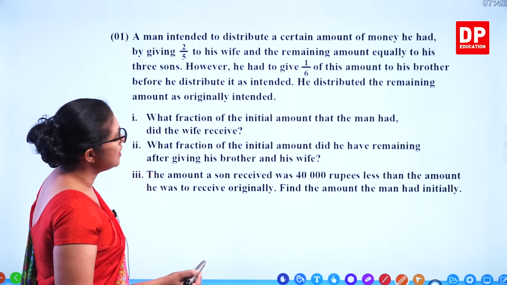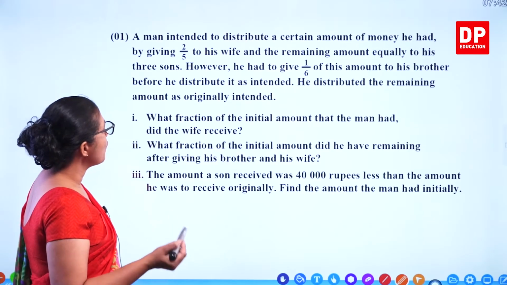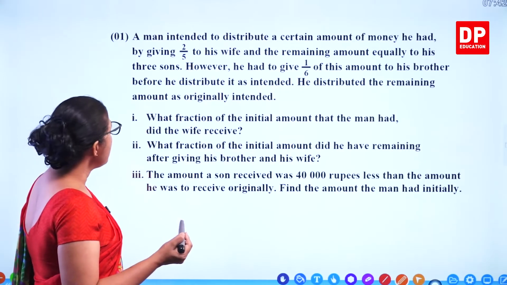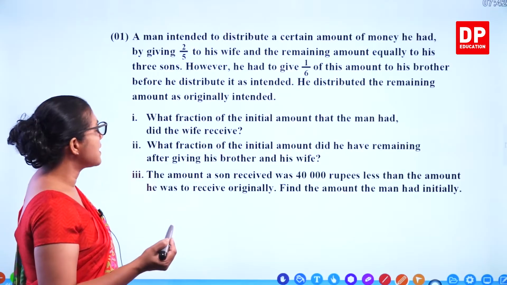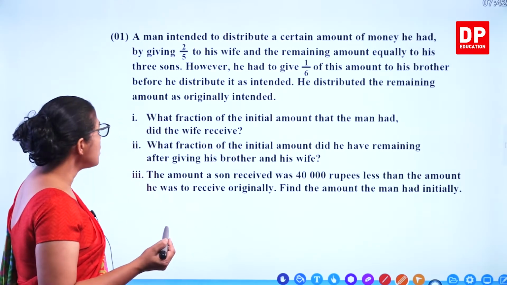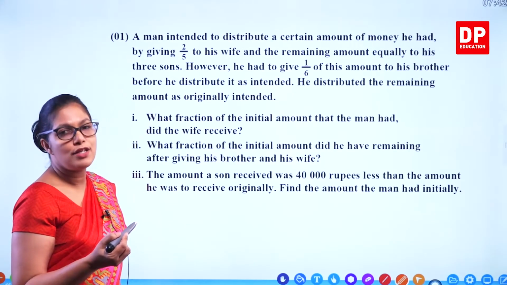What fraction of the initial amount that the man had did the wife receive? What fraction of the initial amount did he have remaining after giving his brother and his wife? And the amount a son received was 40,000 rupees less than the amount he was to receive originally. Find the amount the man had initially.